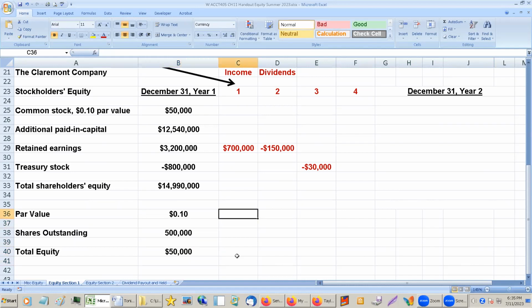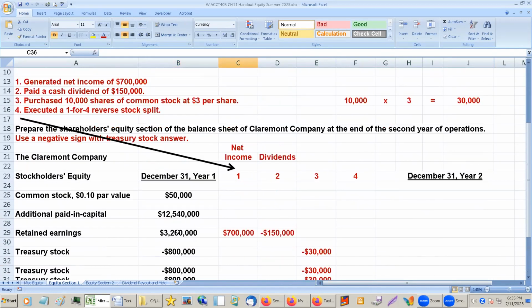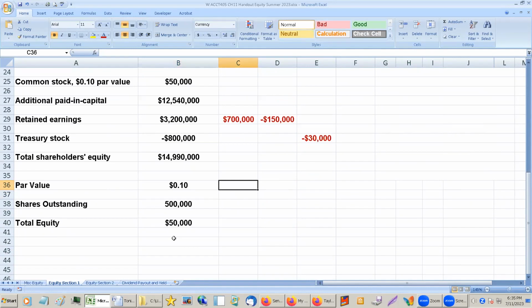This is a reverse stock split, so the par value is going to increase by 4 and shares outstanding is going to be divided by 4.